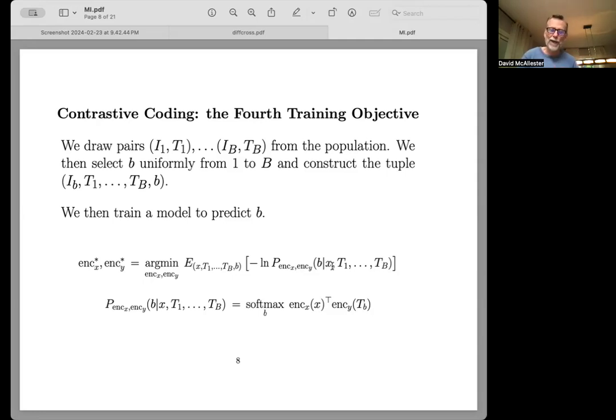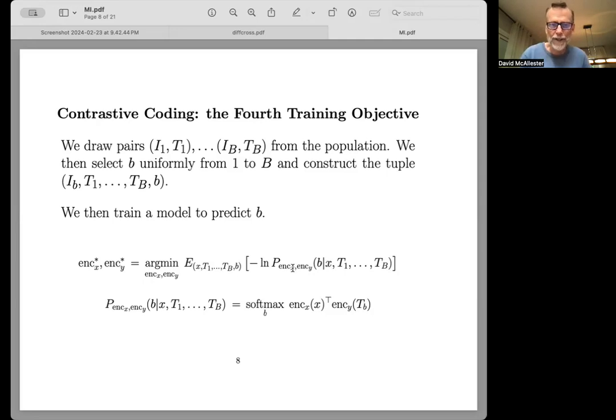Apologies, I was working on the slides and there are some typos, but that should be an image. The expectation over taking an image and a bunch of texts, and you're looking at the probability that you can predict which text came from that image.